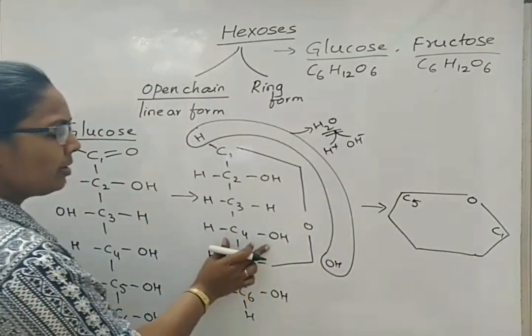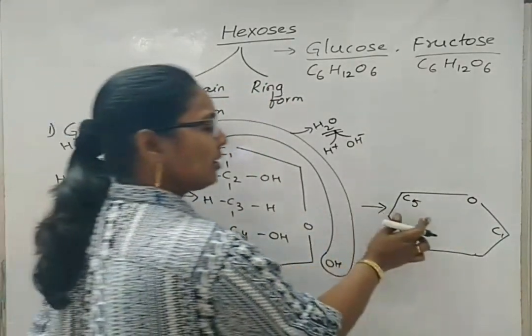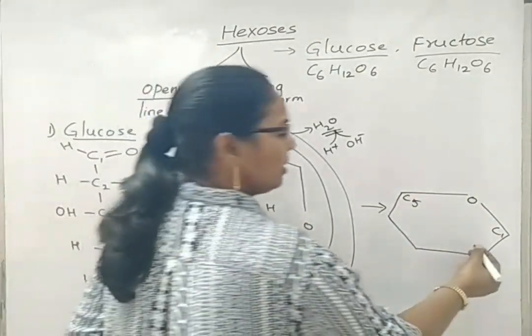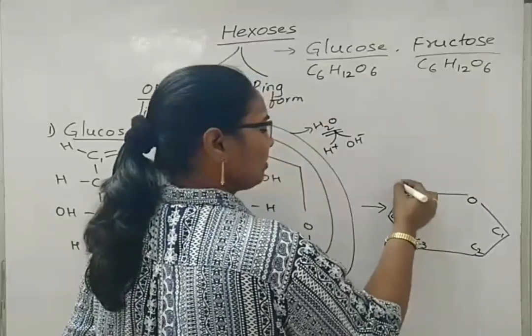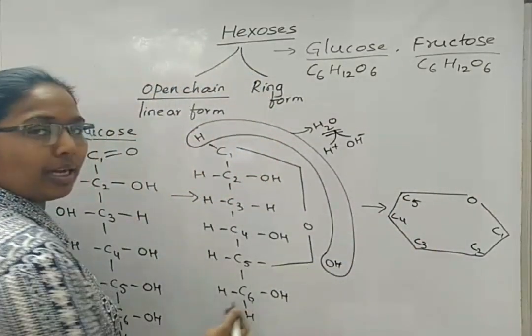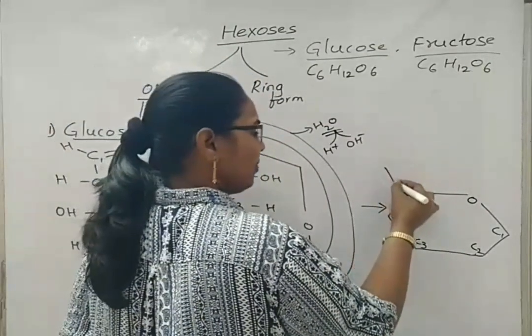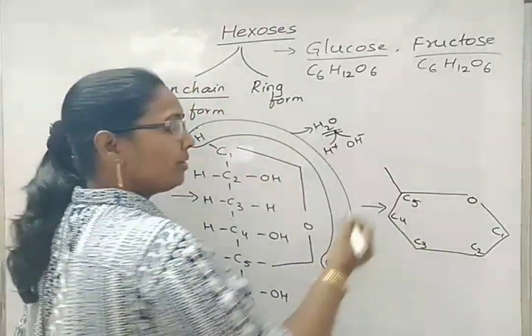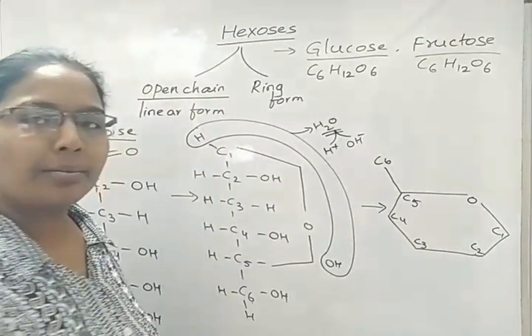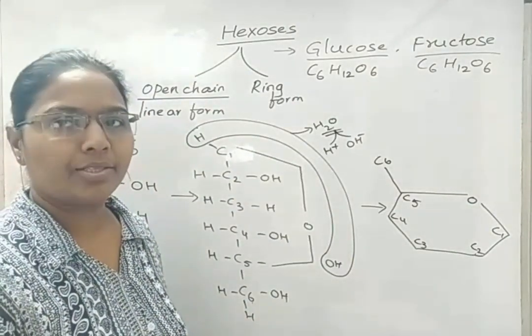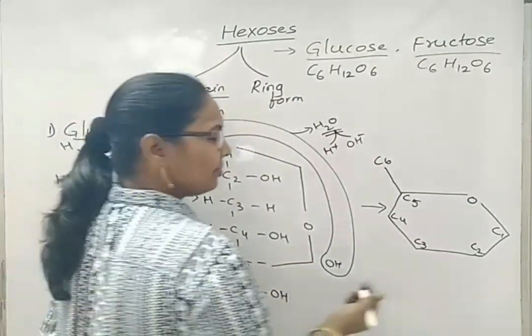According to the formation of the bond, the ring form is correct. So this is carbon 2, carbon 3, carbon 4. Then what about carbon 6? This will be fitted at carbon 5 in the form of a branch, so this will be the sixth carbon position as a branch to the ring form.